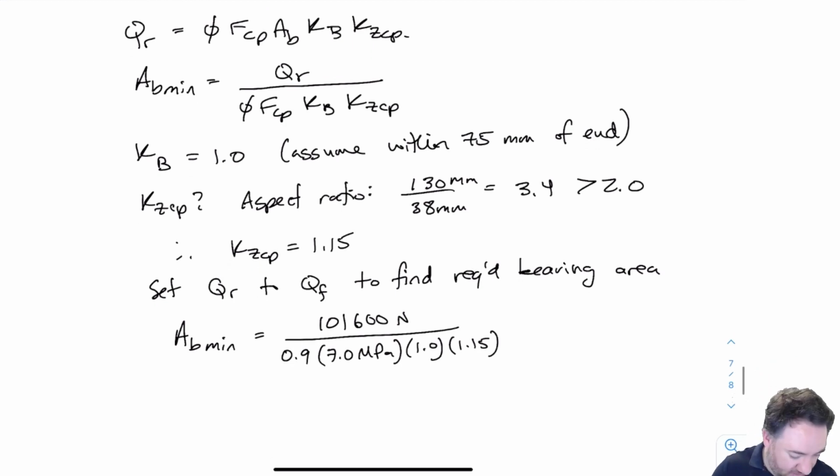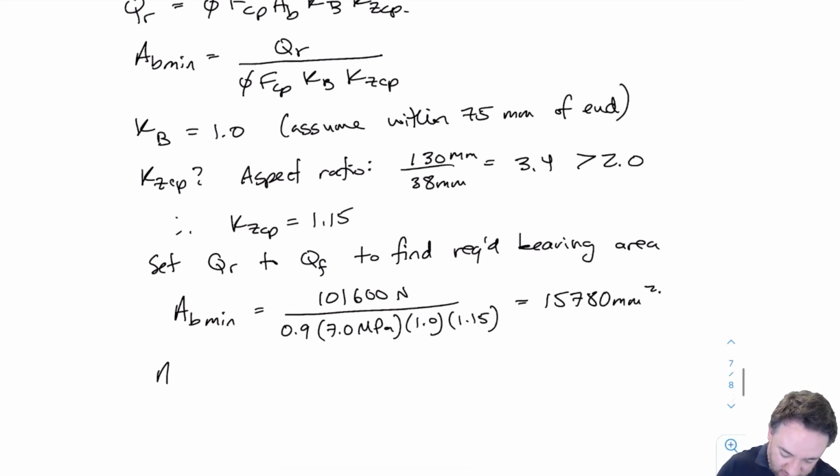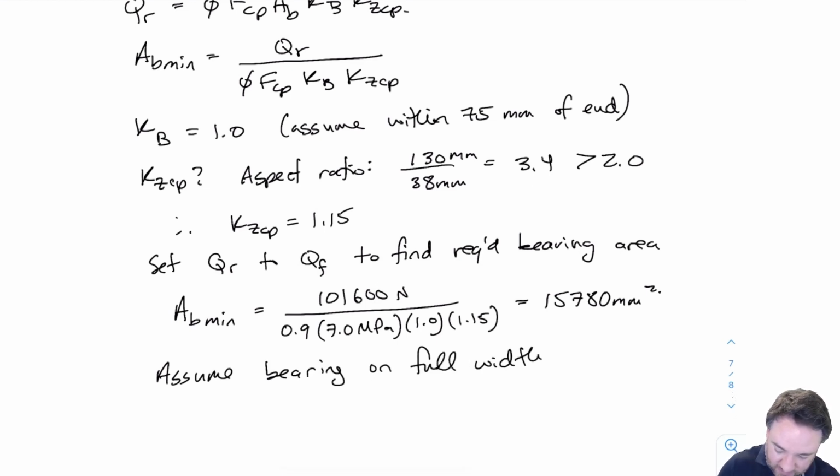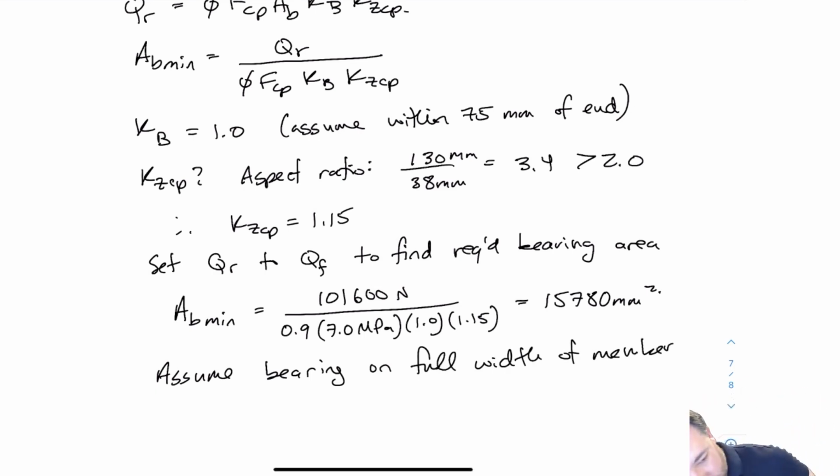So my AB min is going to come up to 15,780 millimeters squared. So then if I assume that my bearing is on the full width of the member, which should be a very good assumption because I have my member here and it is bearing on a certain bearing location.